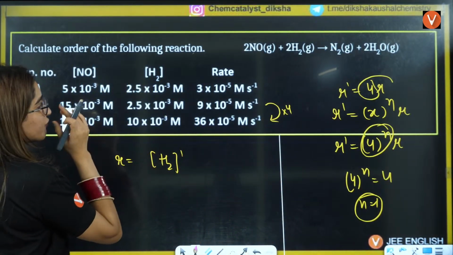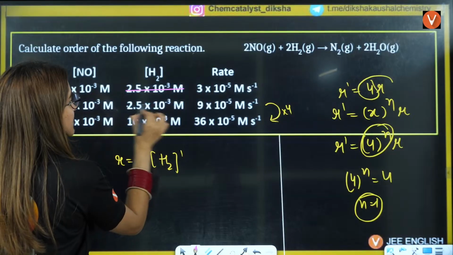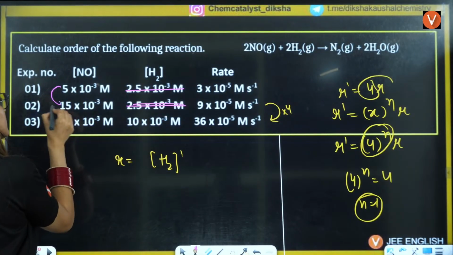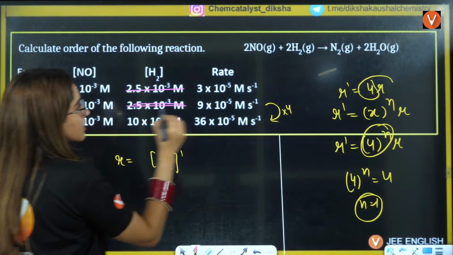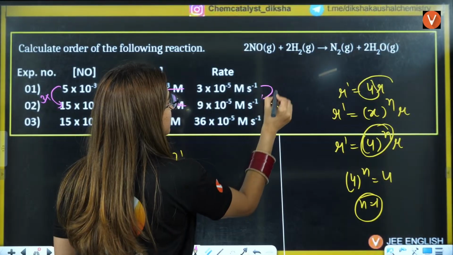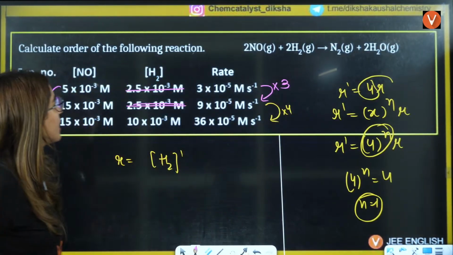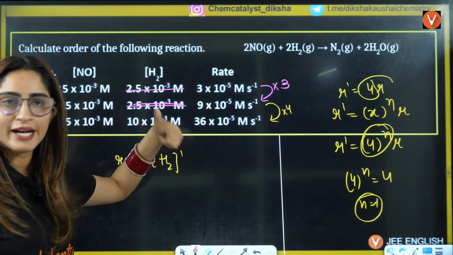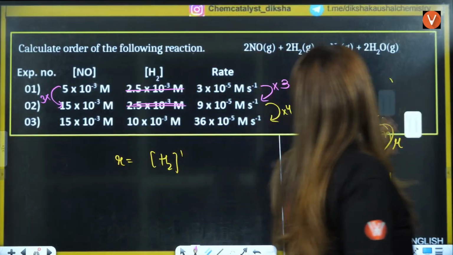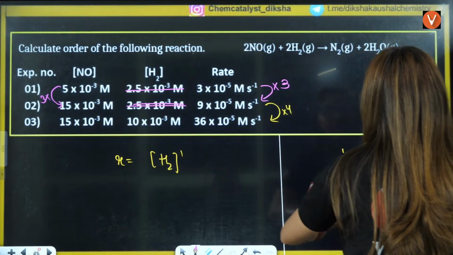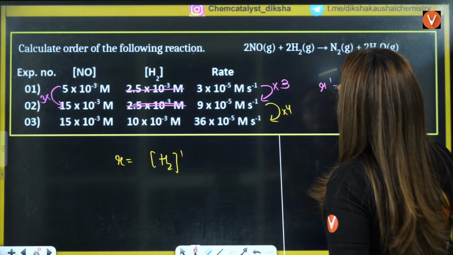Now I will make this constant. Here this is multiplying 3 times, and the rate is also 3 times. See, concentration and rate are getting the same multiple. So the rate is 3 times.